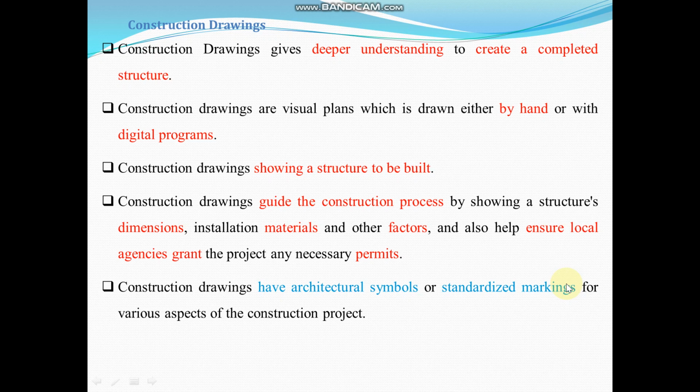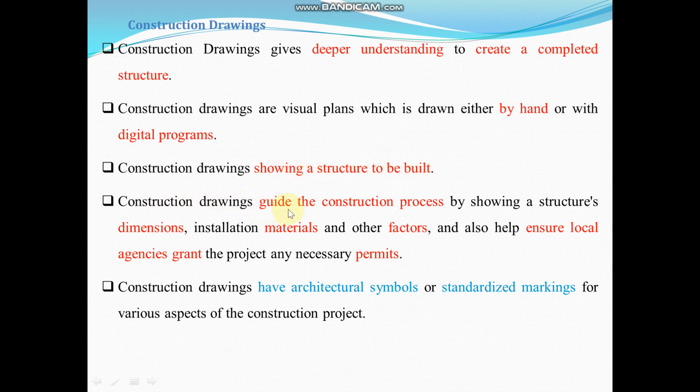Construction drawing shows a structure to be built. Yes, it simply shows what will be there in the future. Simply, construction drawing shows the structure that will be constructed in the future. Or it is simply a roadmap to show what will be constructed.